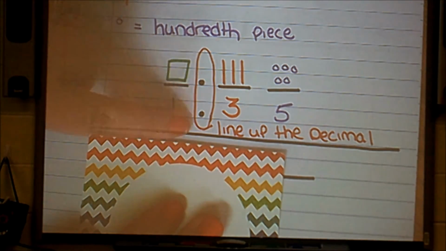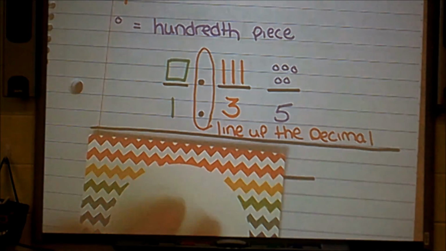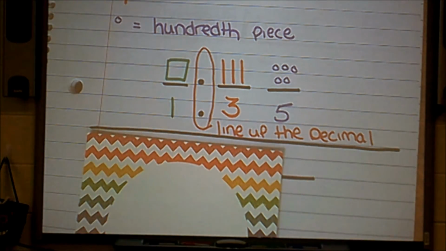Notice when I did this, I lined up my decimals. Keep that in mind. Always, always, always try and line up those decimals.